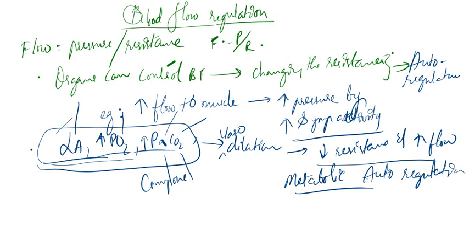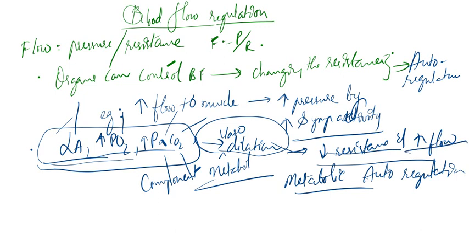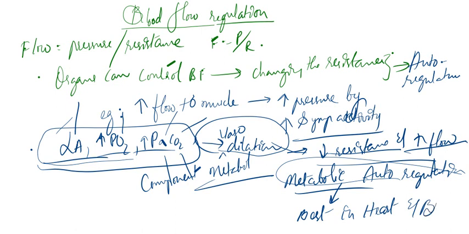If these metabolic components increase, it causes vasodilation, leading to decrease in resistance and increase in flow. This type of regulation is called metabolic autoregulation. And trust me, this is the best regulation of blood flow, the best autoregulation in heart and brain.